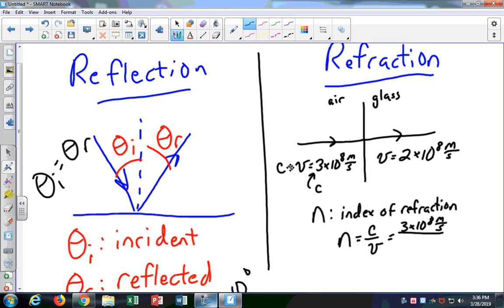And when the light goes into the glass, it's 2 times 10 to the 8th meters per second. So it slows down quite a bit. These cancel, and that leaves me with 1.5. So n is equal to 1.5. There are no units on it. Anyway, the index of refraction tells us how much it slows down.